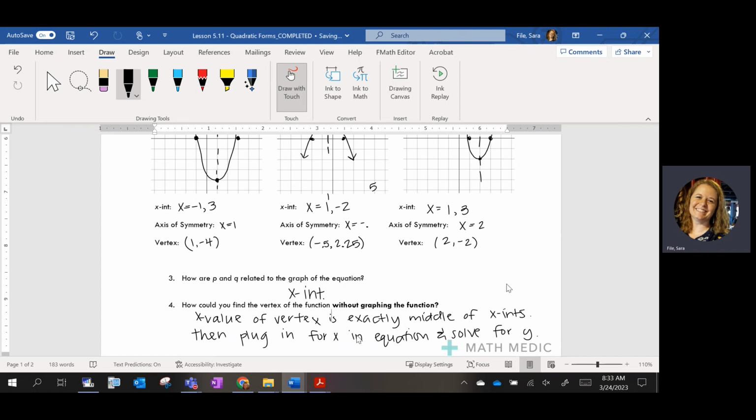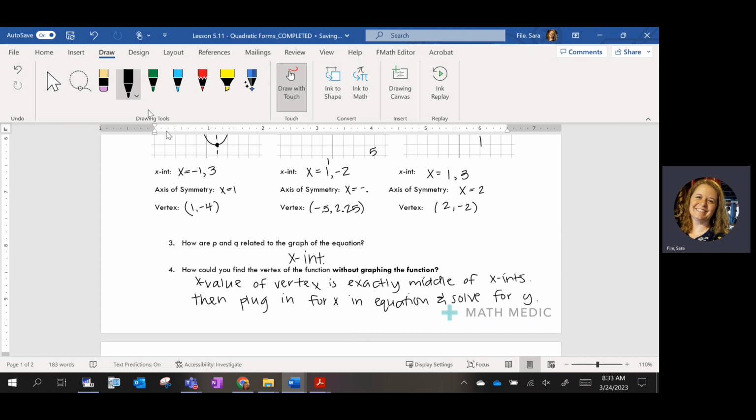So what you're actually doing there, if you think about it, we said the x-intercepts are P and Q, aren't they? So if I want to find halfway between P and Q, what is halfway between two numbers called?